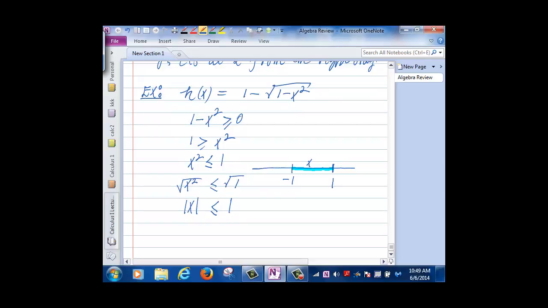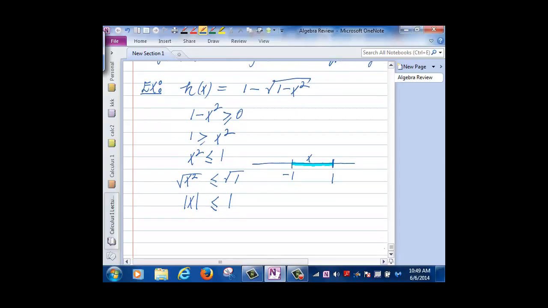Now let's suppose that I pick a number a between -1 and 1, and I take the limit as x goes to a of this function h of x.